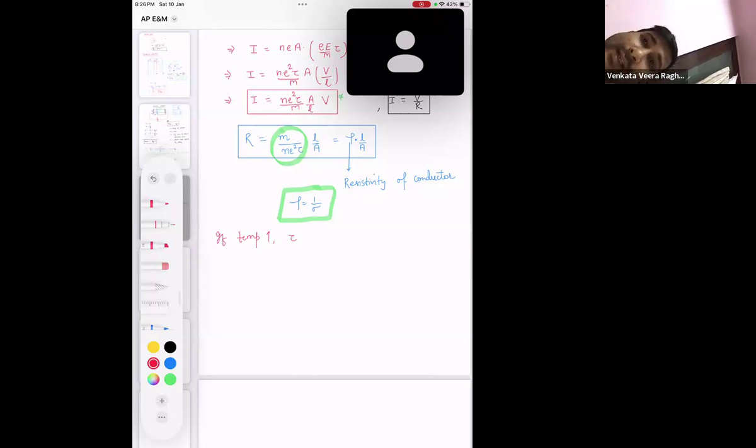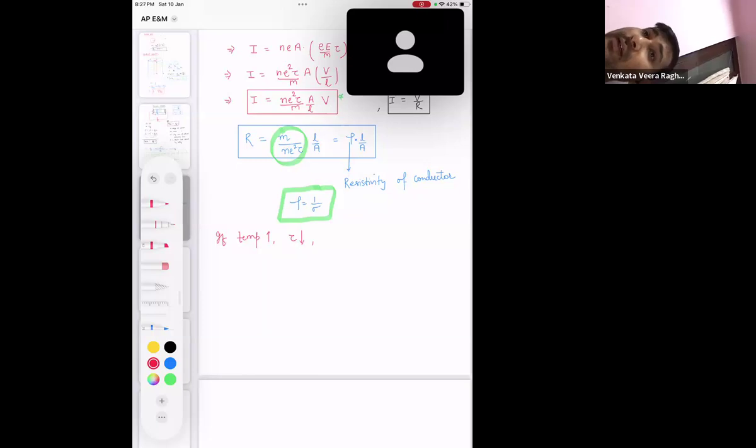Think logically and tell me what will happen with tau, the average time of collision, if the temperature increases. Does it increase, decrease, or remain constant? Tell me. It decreases.